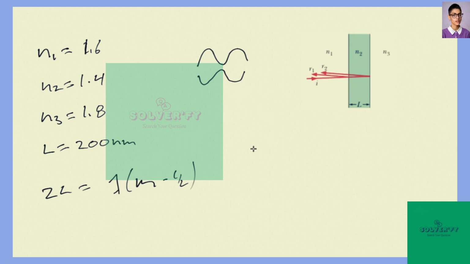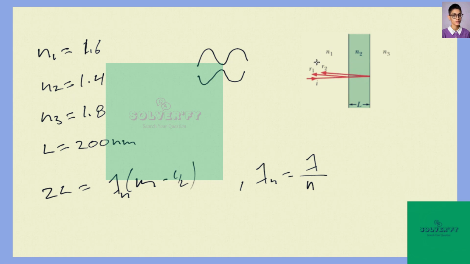Now we have to be careful because the wavelength in the material is not the same as the wavelength in the vacuum. So we have to write this as lambda sub n to indicate it's lambda in the material with index of refraction, and in this case it's going to be index of refraction n2. And lambda sub n in general is the vacuum wavelength over the index of refraction.